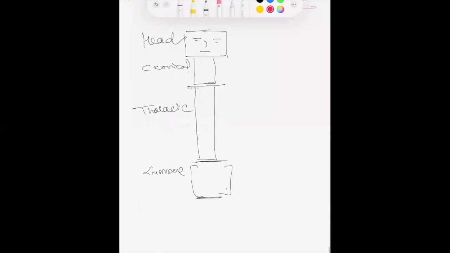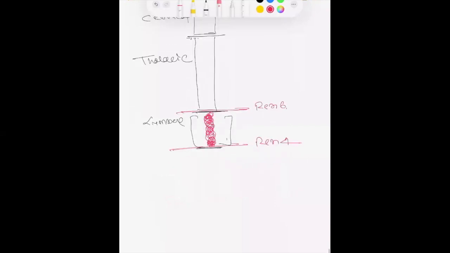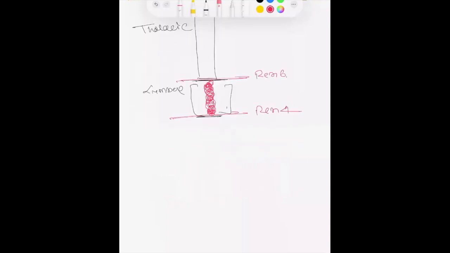Now here, RAN 6 to RAN 4 area are treating all the conditions of lumbar spine. So this is the most important point, between RAN 6 to RAN 4 area. How to measure RAN 6 and RAN 4 area?